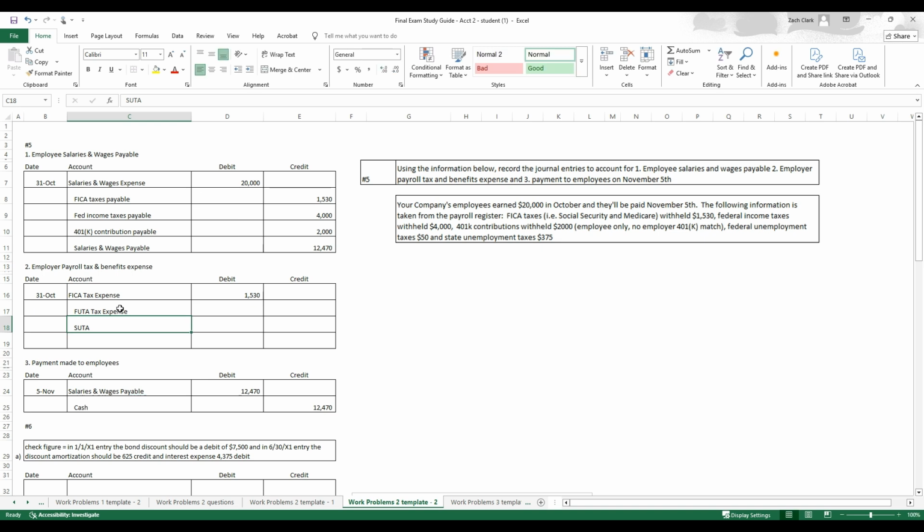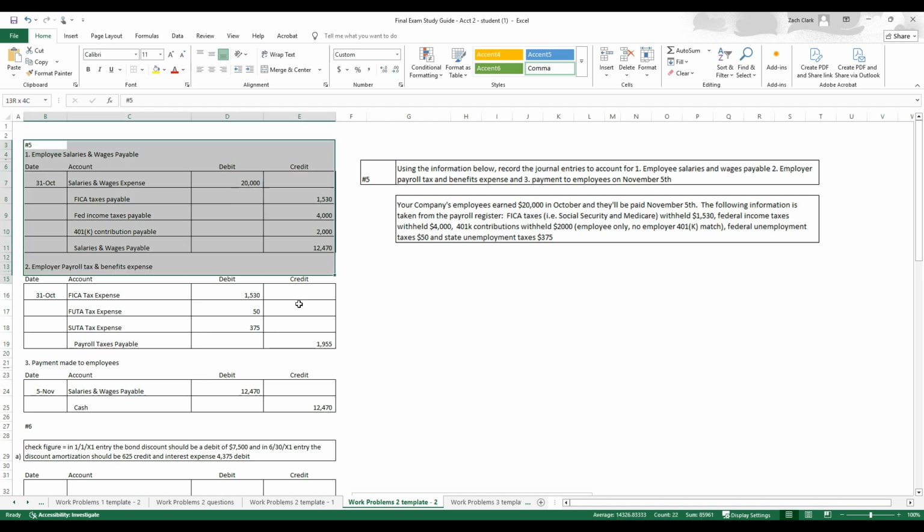Now, again, these are expenses, so we need to fix our formatting here because they are going to be debits, and it was 50 and 375. And then we can just say payroll taxes payable, that the business just owes all this expense out to the government organizations, so $1,955.